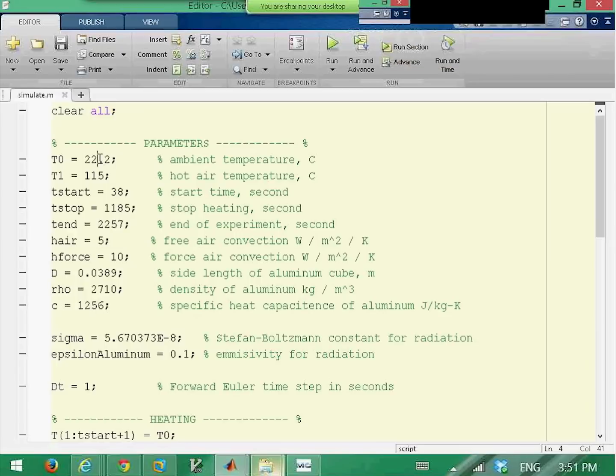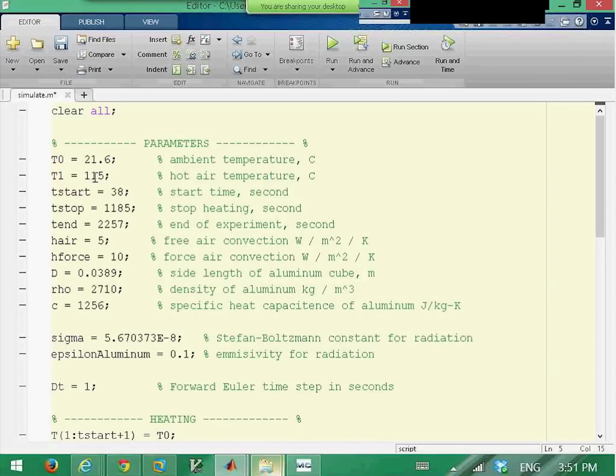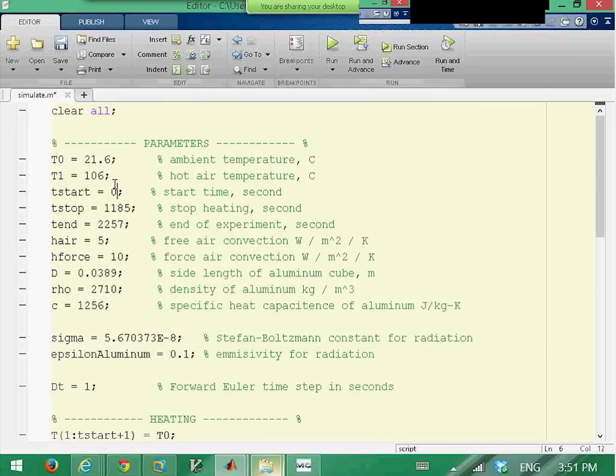Ambient temperature, today is a little bit colder than I thought. And the hot air temperature, I think it's like 106 or something. Let's put 106. And the start time in seconds, I actually don't know, so let's just put 0 here.